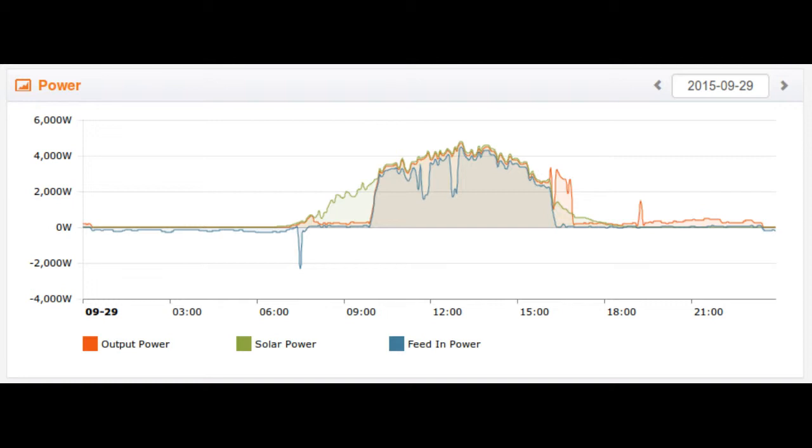Now, because we have a battery in the system, the initial energy generated by the solar panels is actually fed straight into the battery, which is why you can see that up until about 9:30, 10 o'clock ish, the red line is almost flat, and that's because the DC coming from the solar panels is being fed straight into the battery to charge it up.